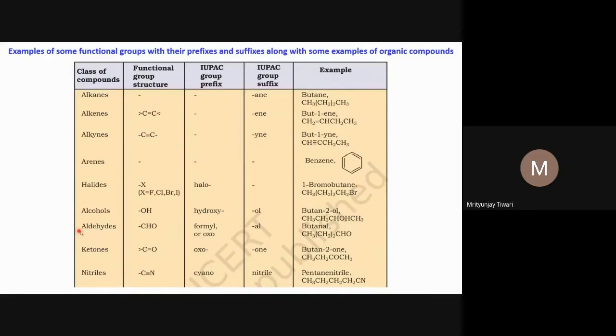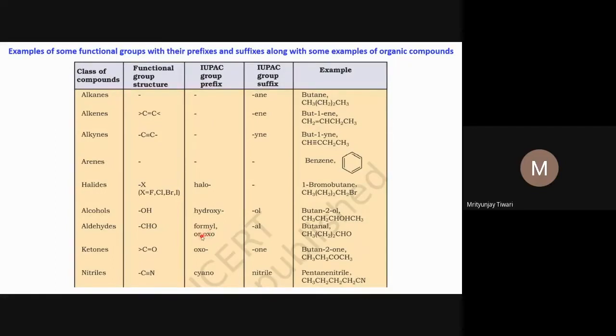Then comes the aldehyde, the CHO, and we know it's a C double bond O and then H, and this carbon is connected to another alkyl group, meaning the carbon chain. If this CHO group is there in the compound as a subsidiary functional group, not the principal functional group, not the primary or principal reactive center of the compound, then in writing the name of the compound we consider it as a prefix, and we write its name as oxo or formyl.